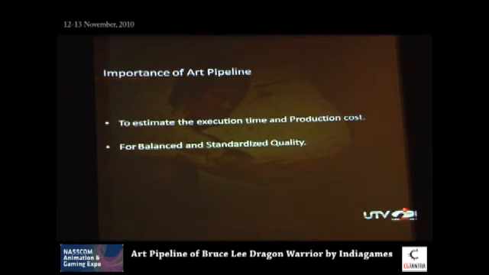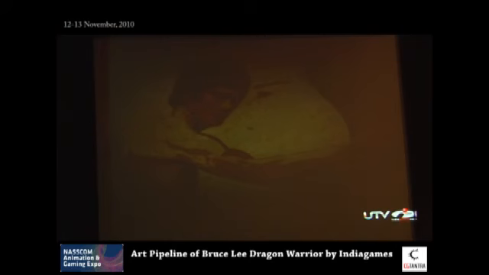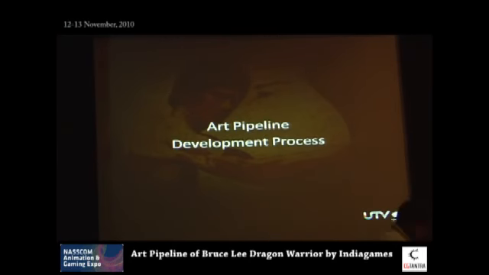So if you have a standardized way of working, you might get the same standardized output. And obviously to meet all the requirements of the game, what kind of textures you need, how much poly you can afford, and all those things are involved in it. So if you have a proper way of going, it really helps you. So this is where the entire art pipeline development process goes.